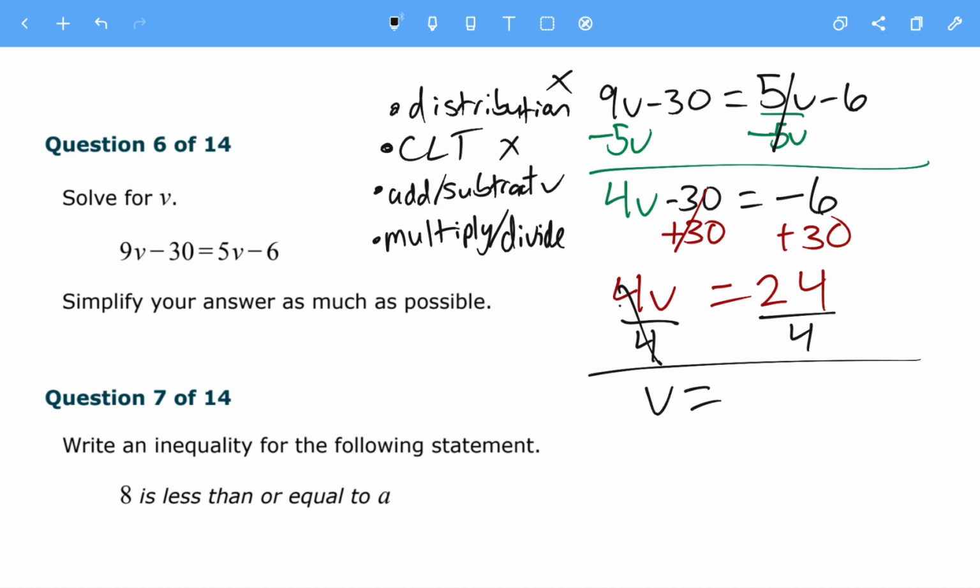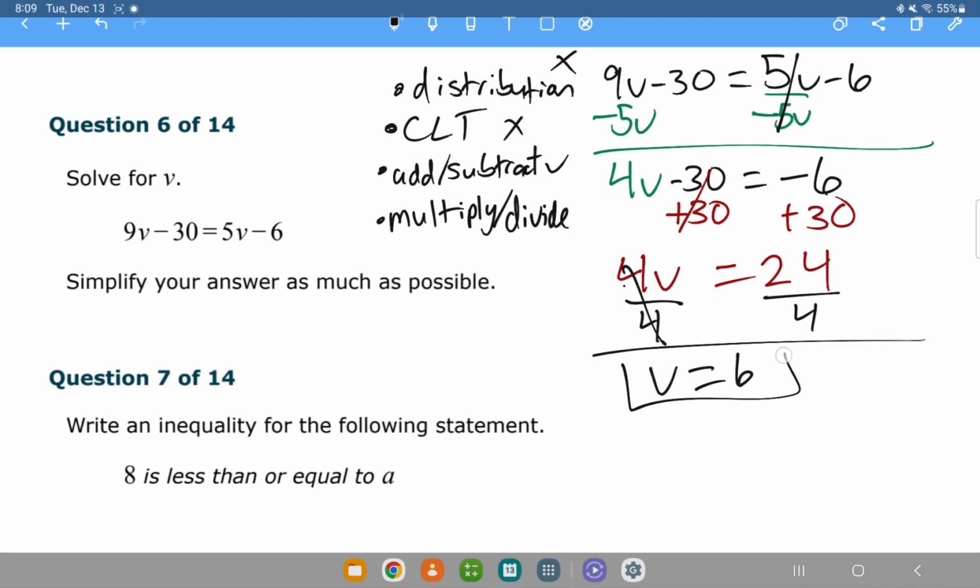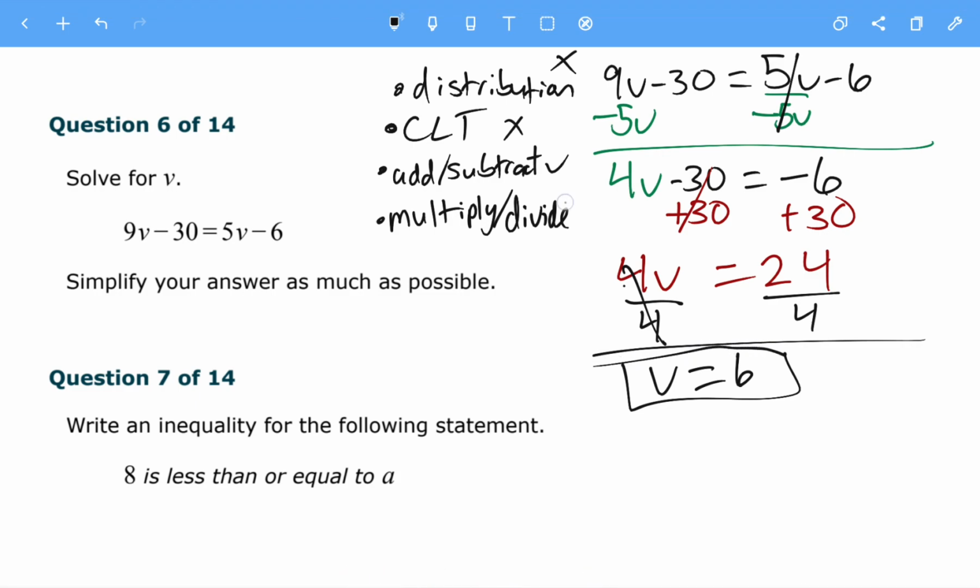That gives us v on the left, and 24 divided by 4 is 6. So we are done with that. Remember, the whole goal of this is to use your reverse order of operations to get your variable alone. Once we have our variable alone and everything that's a like term is combined, we are done. We have v equals 6 as our final answer.